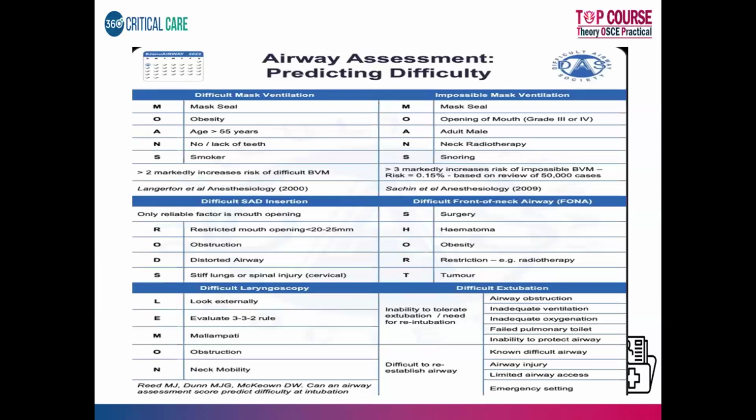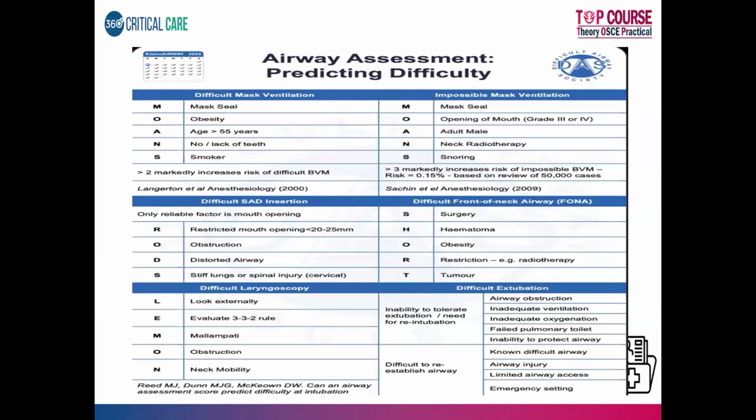Now, airway assessment, especially in predicting the difficult airway. Usually we will not use all these mnemonics in the ICU, because airway assessment in the ICU is a very difficult thing, but in your exams, especially the practical exams, if your examiner is from an anesthesiology background, he might ask one of these mnemonics.